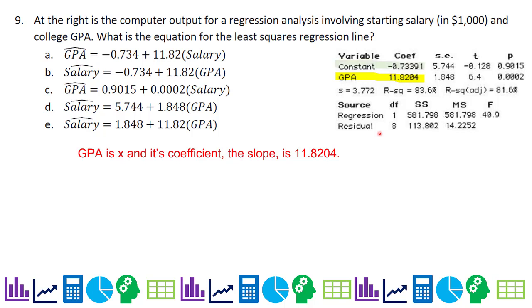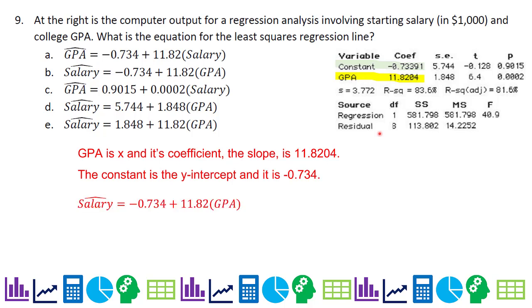So we can pretty much start narrowing down our options here. Then the constant is the y-intercept, all right? And it is negative 0.734. So you can see that our equation is salary equals negative 0.734 plus our slope, 11.82, times our x, which is GPA. The answer is B.